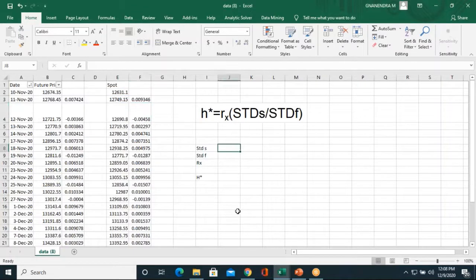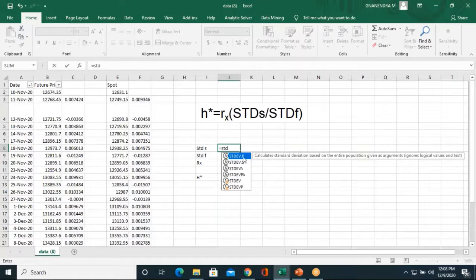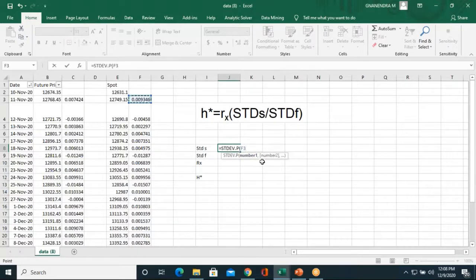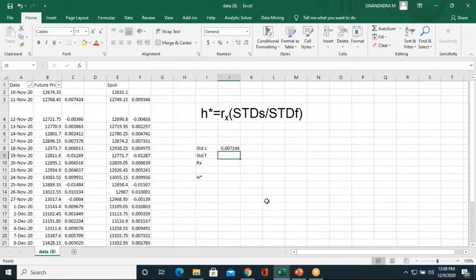So the first thing is that you need to calculate the standard deviation of S, spot price, right, is equal to STDEV.P of this. I've selected, simply click OK. So you got some value.